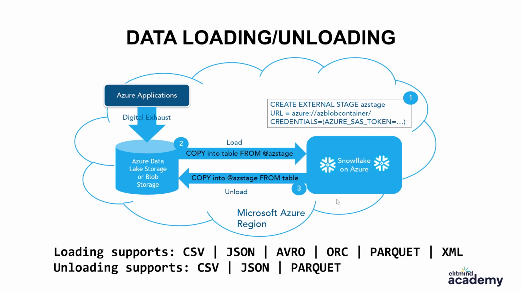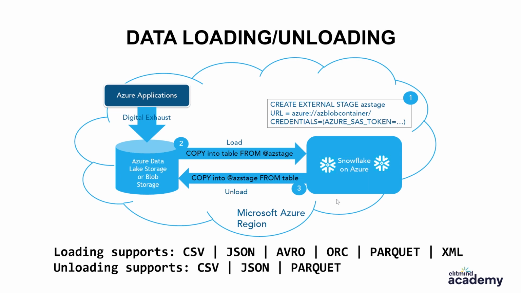Now, the supported formats are the following. It's CSV files, so flat files. It's JSON, so you can utilize the power of semi-structured data. But it's also a bunch of compressed file formats like Avro, ORC, or Parquet. Also, you can use XML files to bring the data into Snowflake as well.